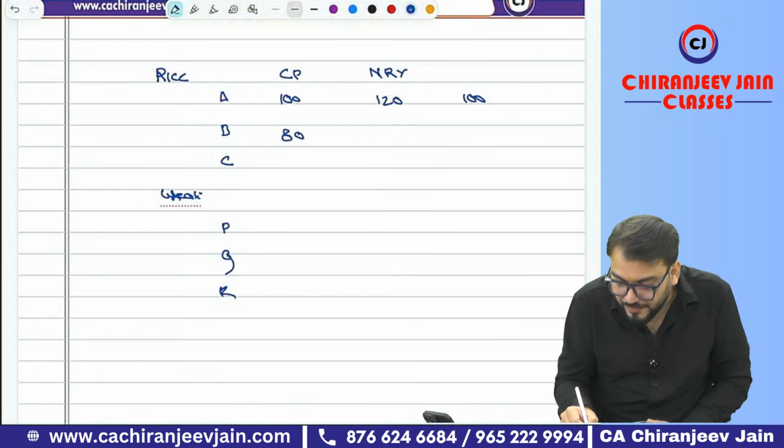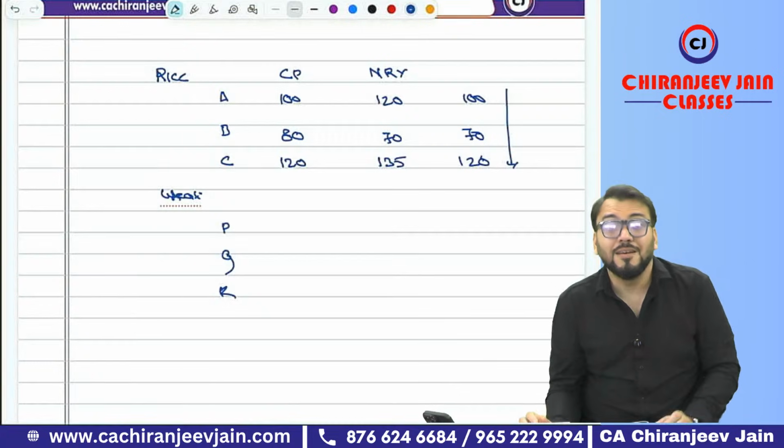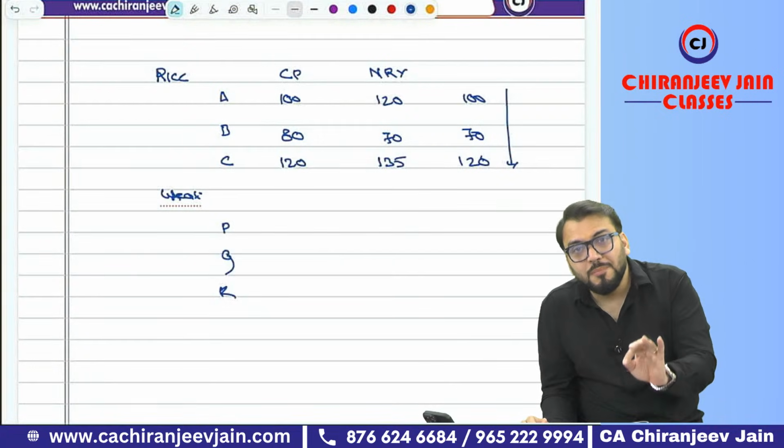This is 80, this is 70, lower is 70. This is 120, this is 135, lower is 120. So this becomes item by item basis. Whenever the question is silent, we should apply the item by item basis.